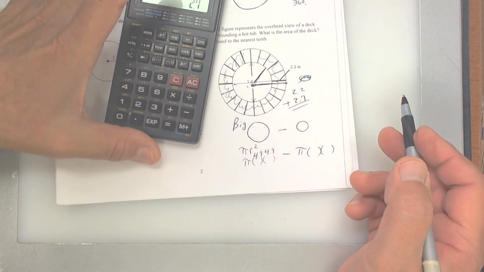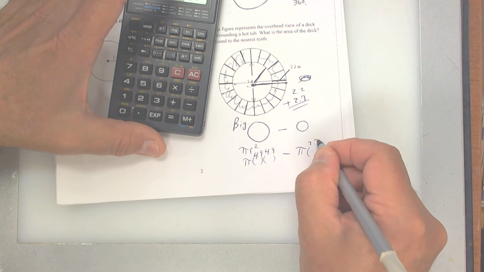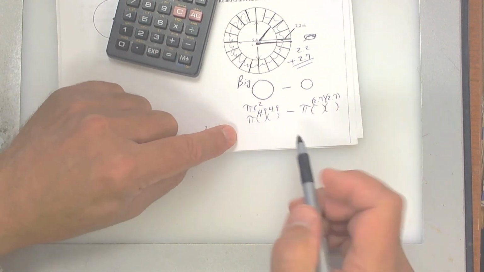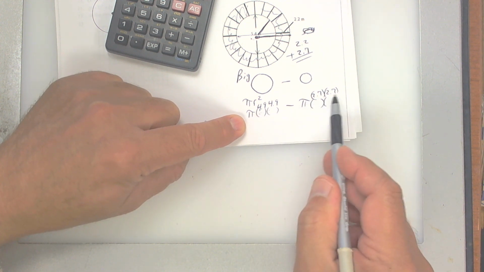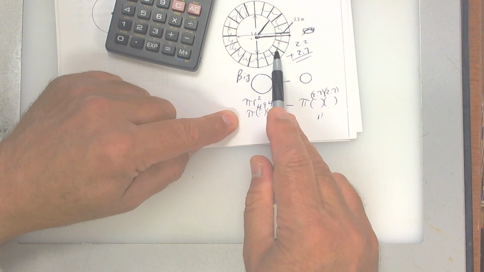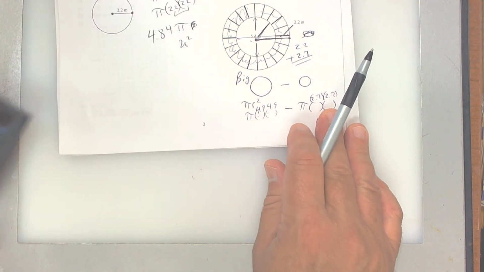It's 2.7. Okay, so put 2.7 times 2.7. Now, here's how you do this. You multiply all of this and you subtract all of that. And bam, you got your answer. Remember, to get the outside circle, it's the big circle minus the little circle. Just be careful with your radius. I think that's it. I think we did it. All the answers are there.